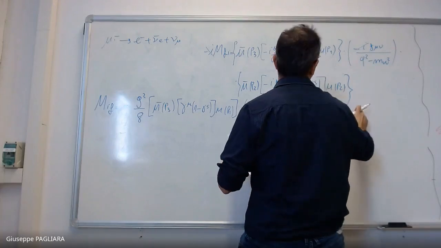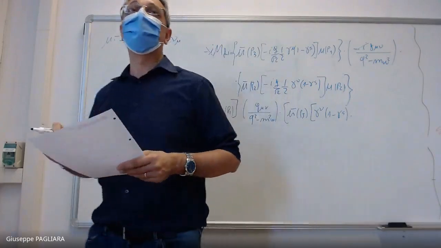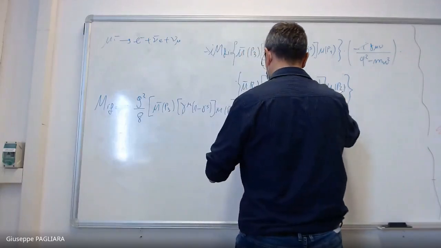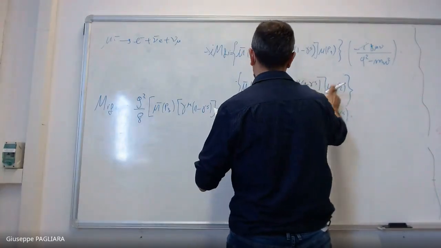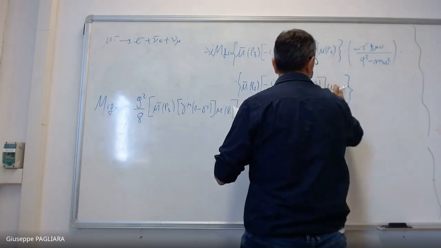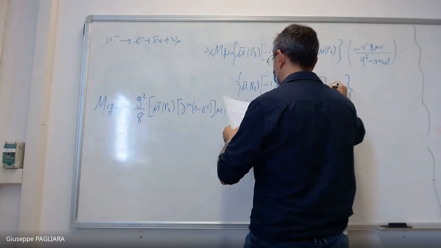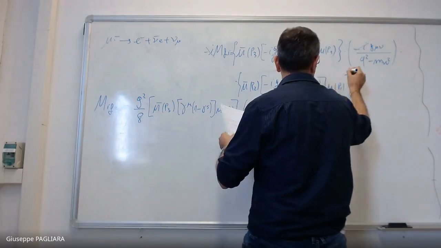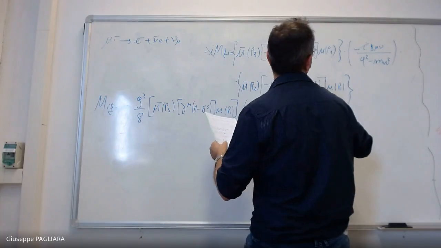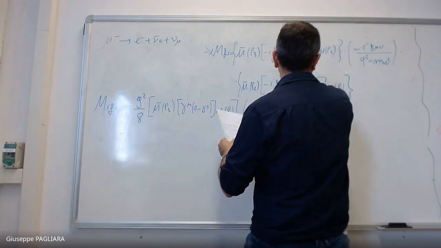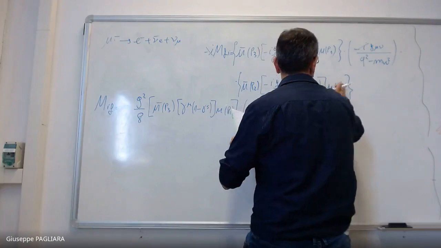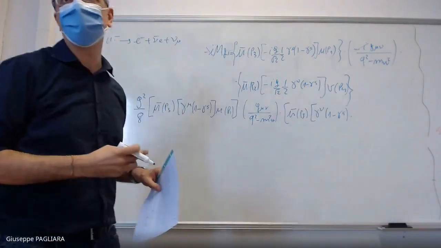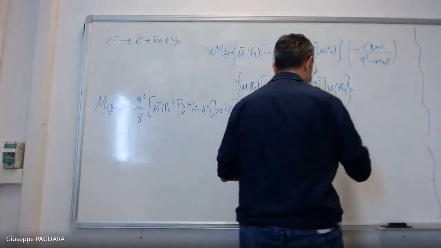In the final step, we have an anti-neutrino, so we have to use the v spinor, v of P4. This is the antiparticle, so you have to use the antiparticle spinor here.